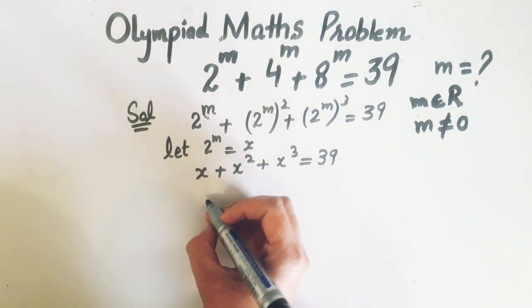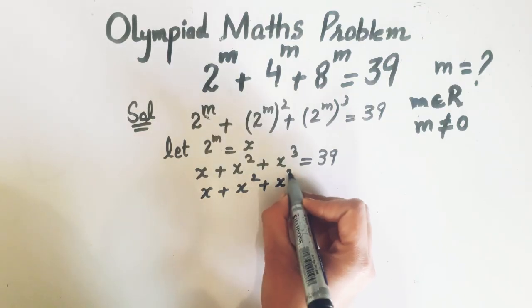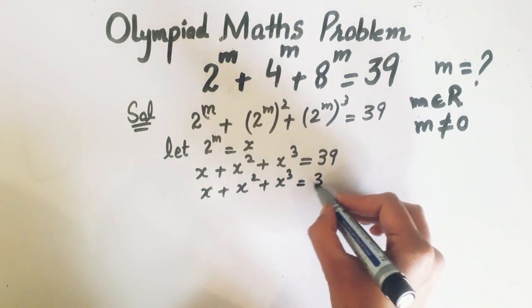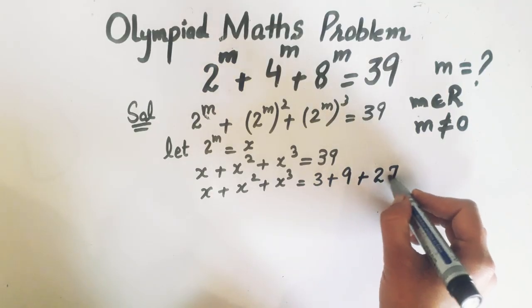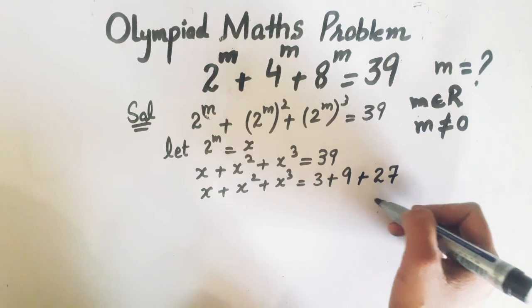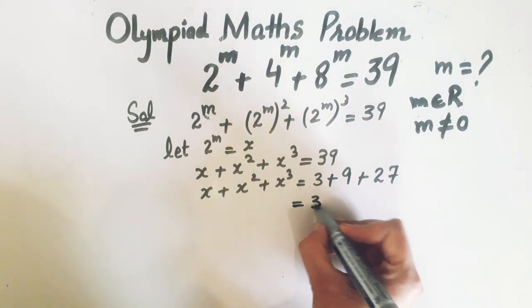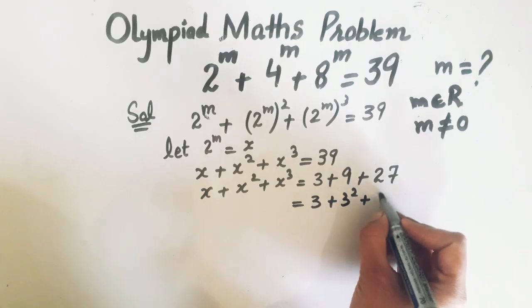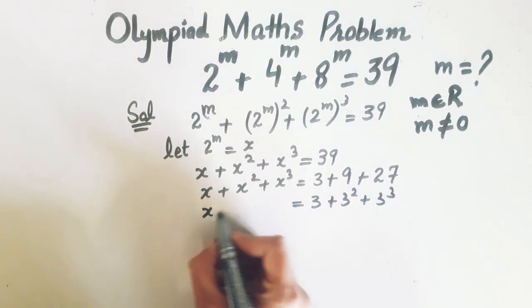That means we can write x plus x squared plus x cubed equals 3 plus 9 plus 27, because 27 plus 12 will be 39. So that means we have 3 plus 3 squared plus 3 cubed, because we will apply some formulas here.